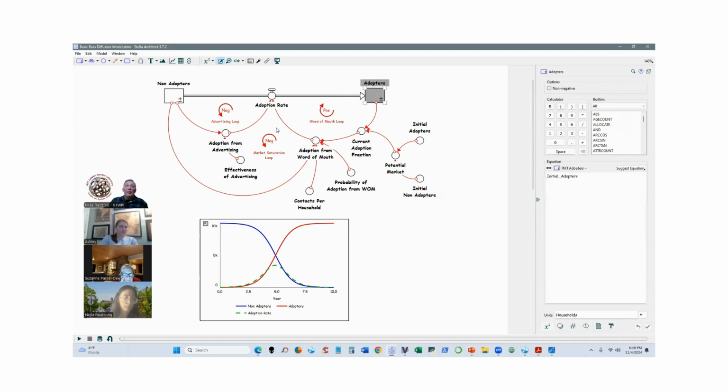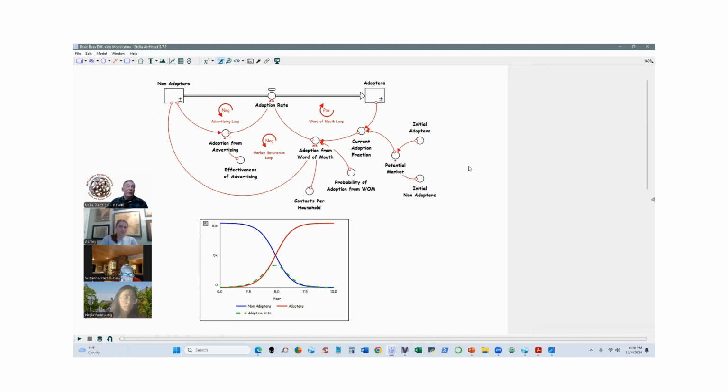So the stocks are related to one another, right? This minus the potential market is this, and vice versa. If the potential market is 100 households, 2 have adopted it and 98 haven't adopted it yet, they're non-adopters, then 2 plus 98 is the 100, and they're related to one another.